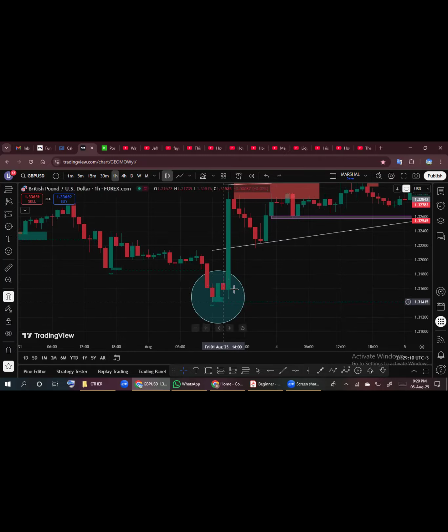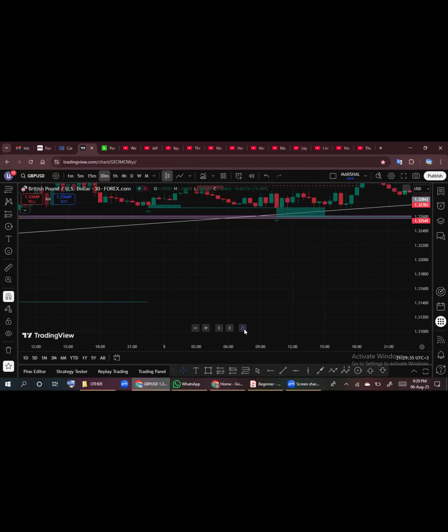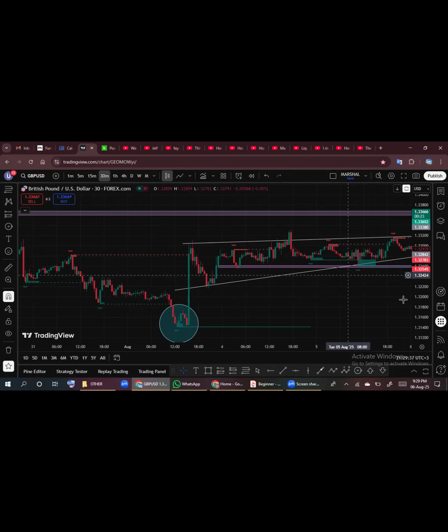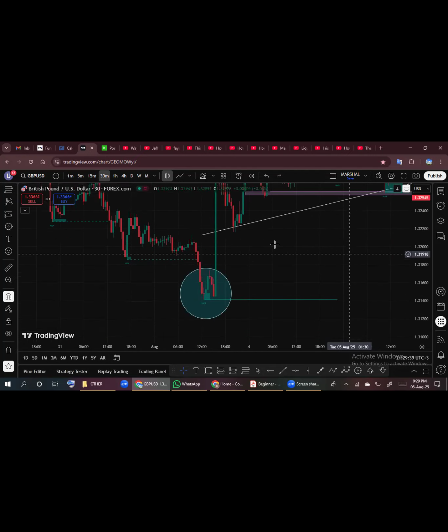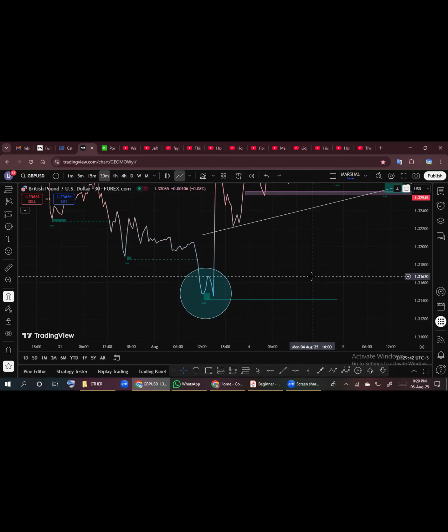Now you might look at this, it doesn't make sense, but a trader who understands candlestick formation knows that this is a reversal. Just this 1, 2, 3, and even this bullish momentum candle here shows you that you are in for more buys. The market has shifted, or maybe we can go to lower time frames. We can see on a lower time frame, it's even giving you a W pattern.